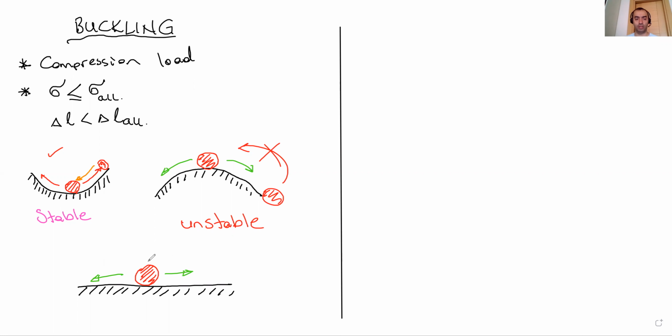The ball can move from here to here, that's okay, but at the end of the day it is again in a balanced position at the same level. This movement doesn't change the balance position, so we can call this behavior neutral stability. Neutral means no change in its stability.